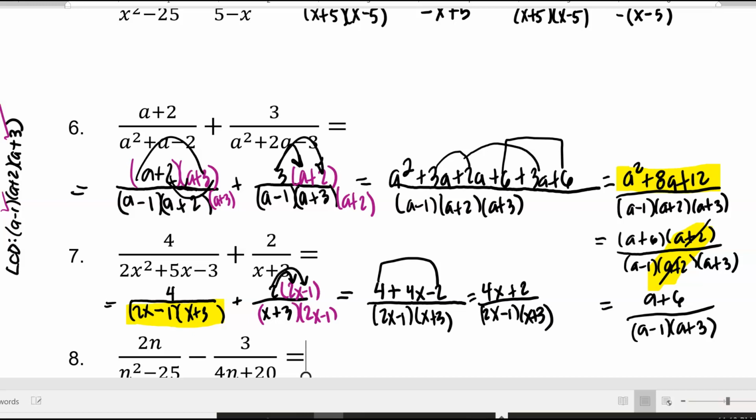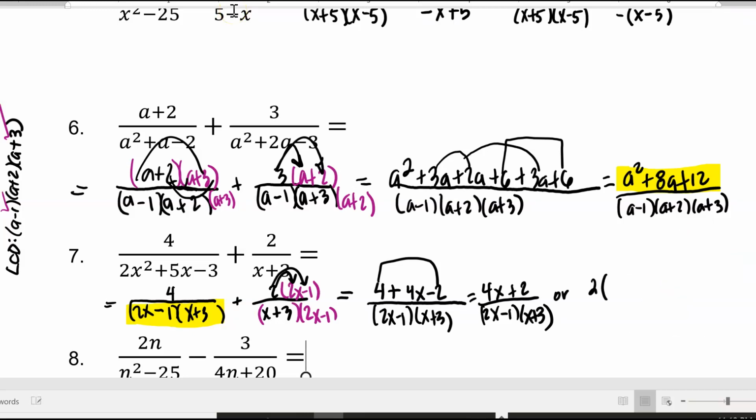Is there anything else we can do to this problem? We'll take out a 2, right? And then that'll be 2x plus 1. Very, very close. It was 2x plus 1. It could have been 2x minus 1, and that would have canceled out the 2x minus 1 at the bottom, but it doesn't. So both of these answers are correct.